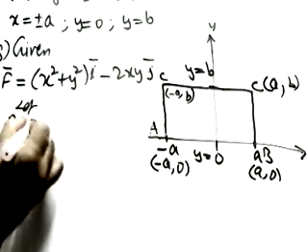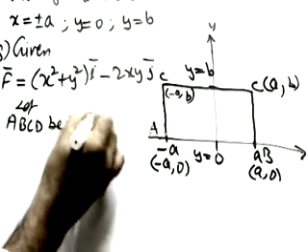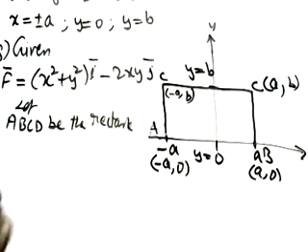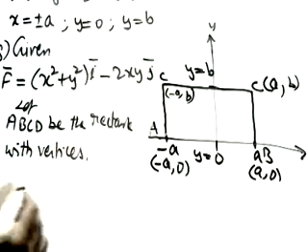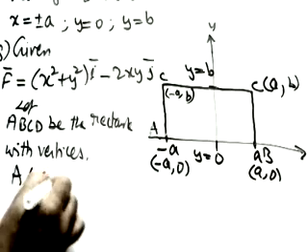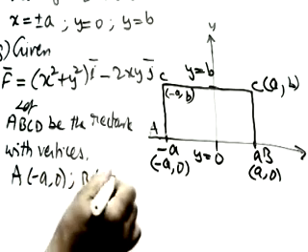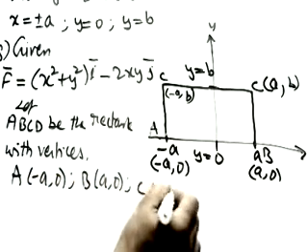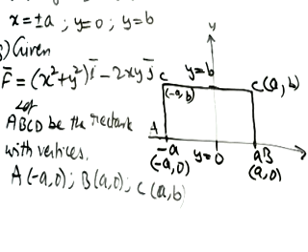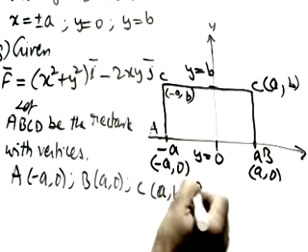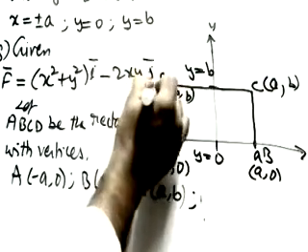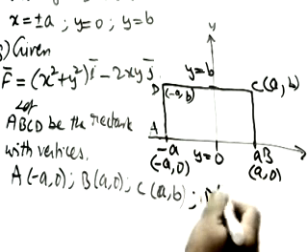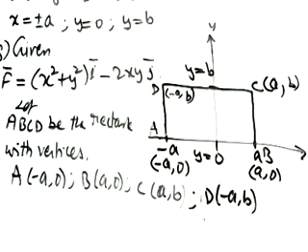So let me write this: ABCD is the rectangle with vertices A as minus a comma 0, B as a comma 0, C as a comma b, and lastly D as minus a comma b. So we got these vertices.